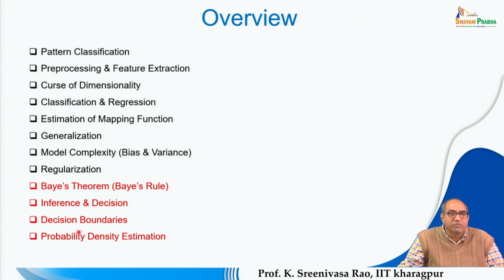For estimating the posterior probability, we need to estimate the probability density function of the feature vectors of a given class. What are the various techniques to estimate probability density functions, we will discuss in detail in later classes.